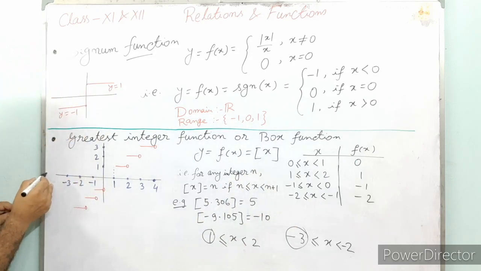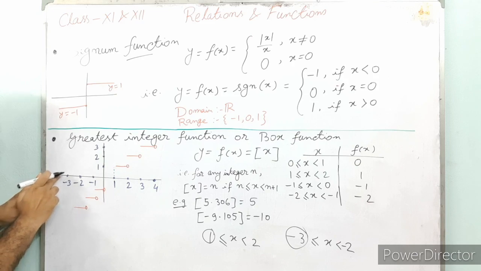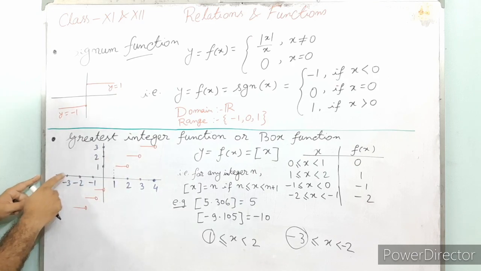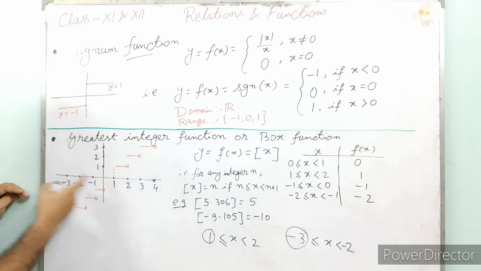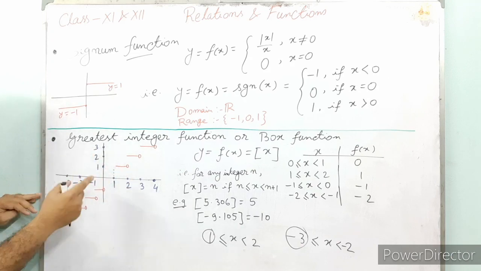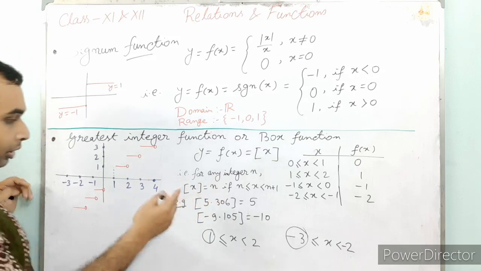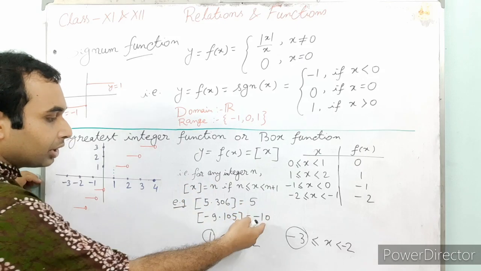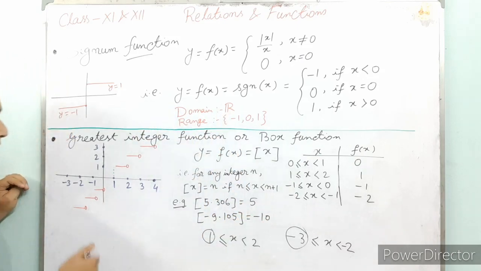After minus 10 comes minus 9.9, then minus 9.8 and so on, and here minus 9.105 is there. So it will not touch minus 9, but it will take the integer it is crossing, minus 10.